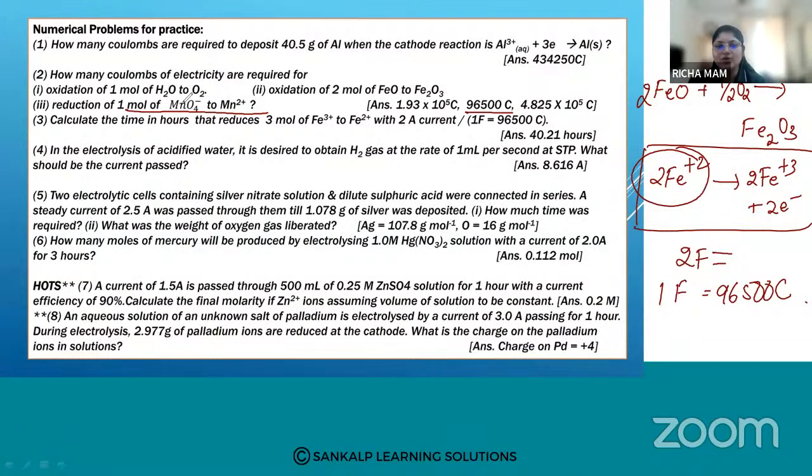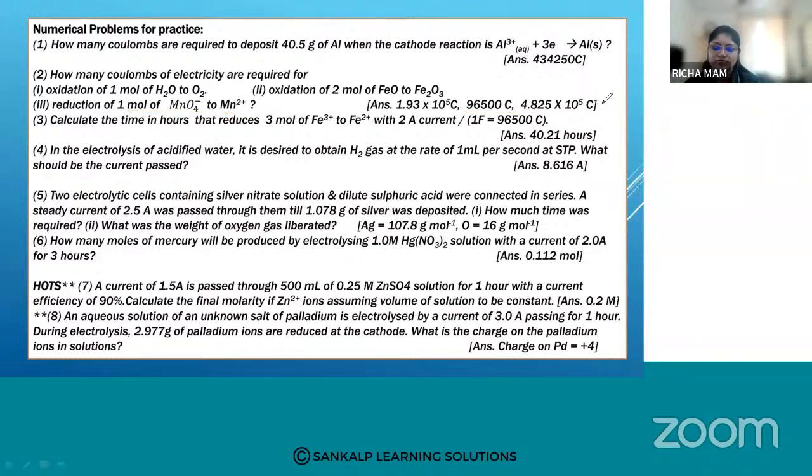MnO4 minus, it is reduction, so plus 5 electrons, and it gives you Mn plus 2.